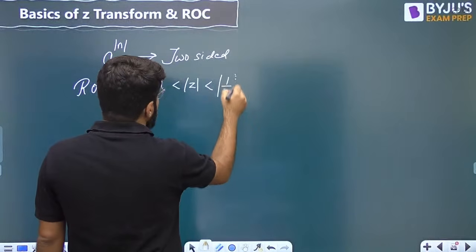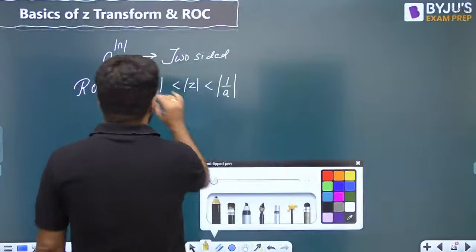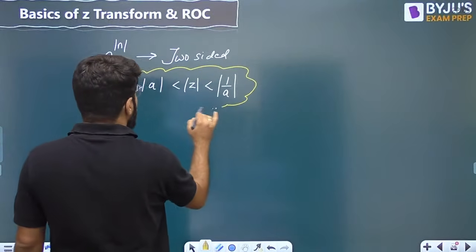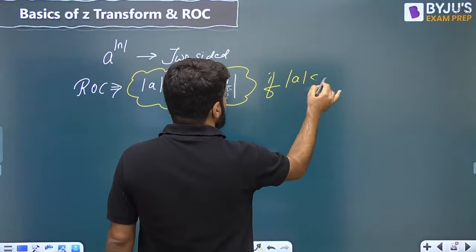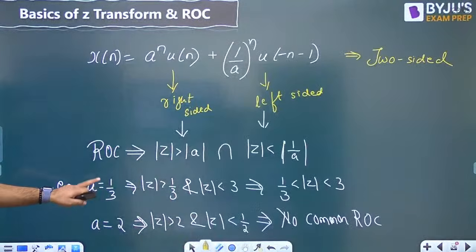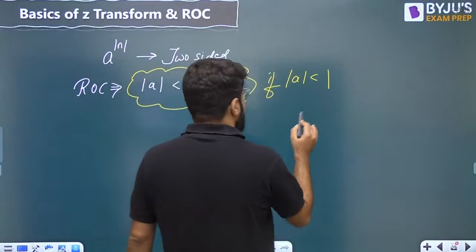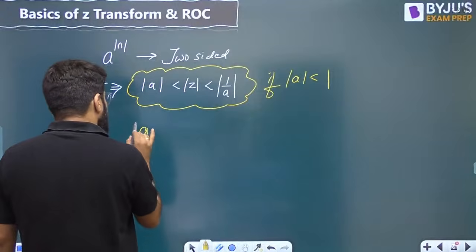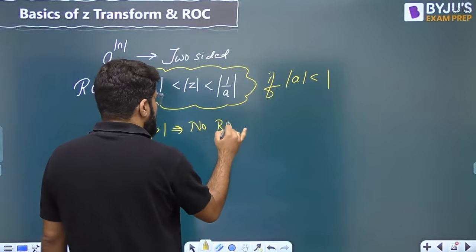But this holds only if modulus of a is less than 1, like 1 by 3, 1 by 2 or 1 by 4. If modulus of a is greater than 1, then there is no ROC.